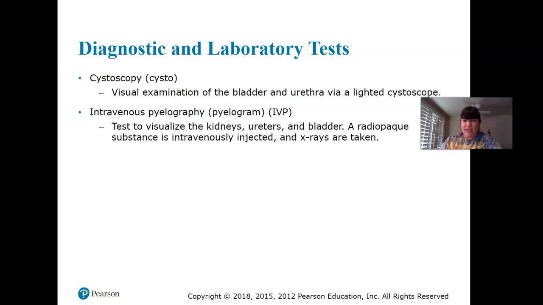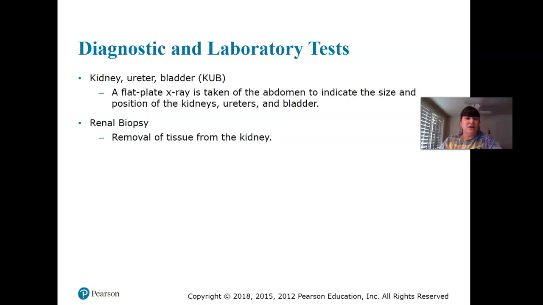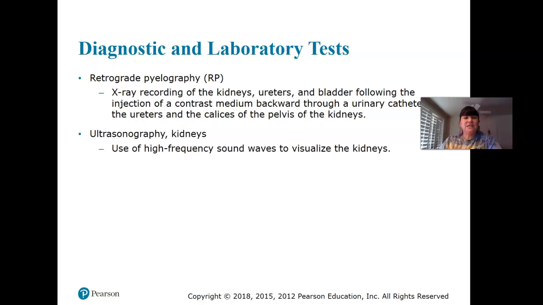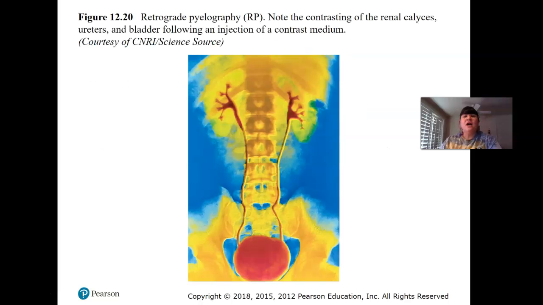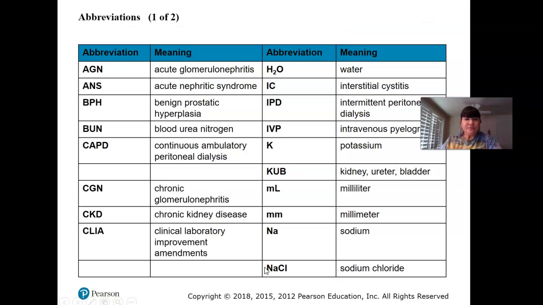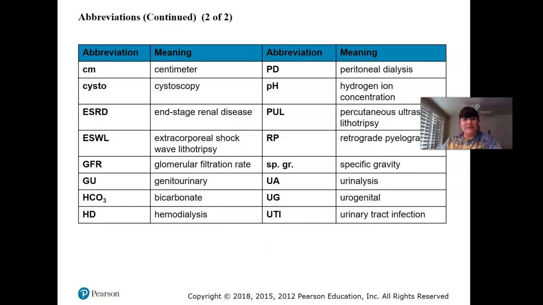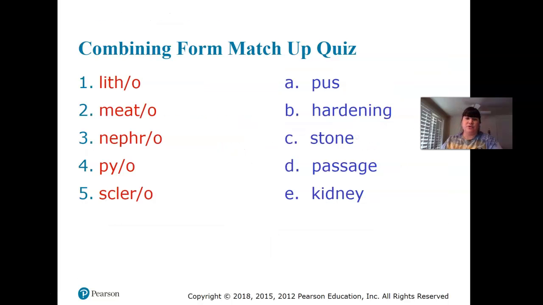Cystoscopy, like looking in. IVP, renal biopsy, pyelography. This is kind of really neat. We can see this where they put some dyes in there so they can look at the whole urinary tract. And then finally, some abbreviations that you might see in this chapter.